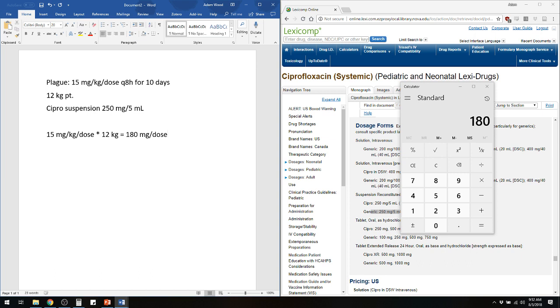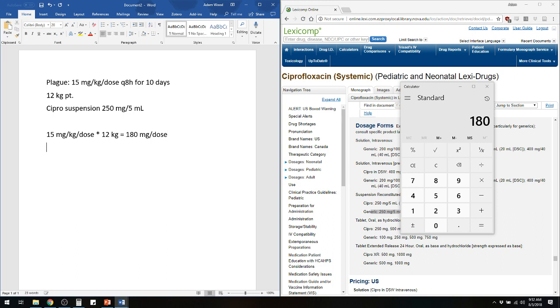No, it's per dose, so it's already taken care of. I don't have to divide. Be very careful with that. It can lead you to wrong answers on the test, and I'll put some answers on there that look exactly right. But if you didn't divide, or did divide when you shouldn't have, or vice versa, you're going to be wrong. Look specifically for what I'm asking for. Keep the units straight. This is 180 milligrams per dose. I don't have to do anything more to that dose. That's the total dose we're getting with each administration.